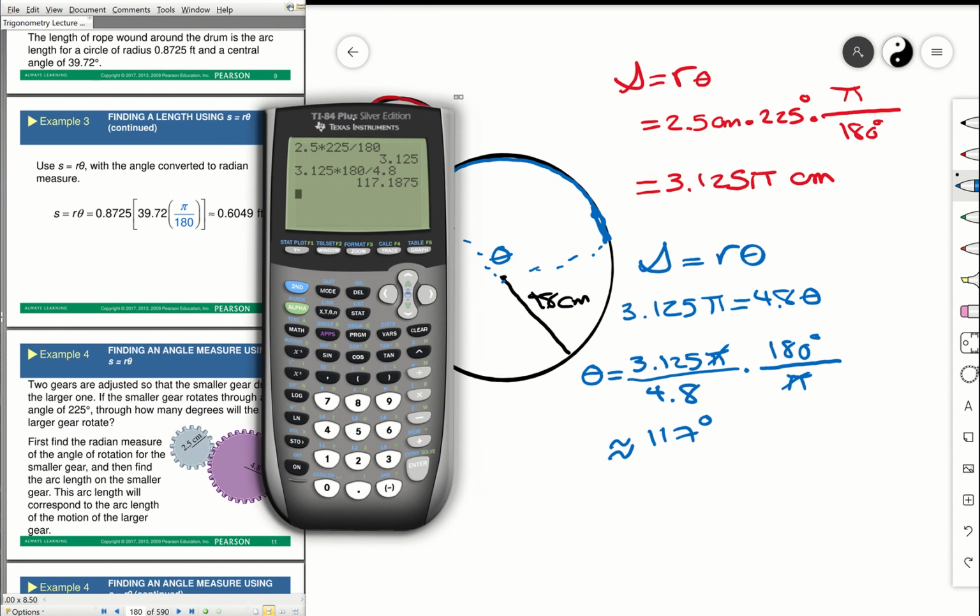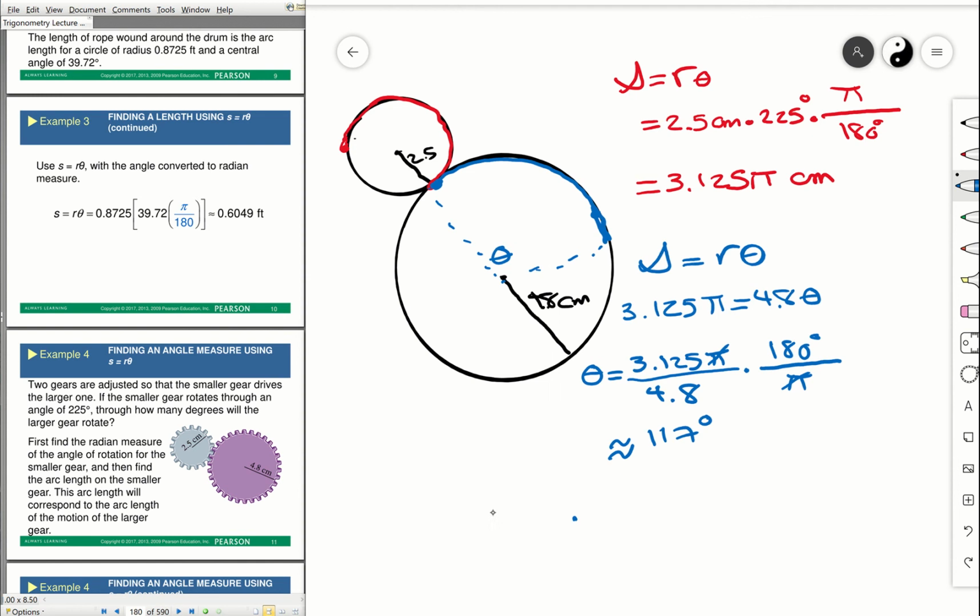Now, let's see if that makes common sense, because it took the smaller gear 225 degrees to travel that distance, right? For a red dot on that gear to travel that distance. So as you can see, for the blue dot on the larger circle, it will take quite a bit fewer degrees to accomplish the same task.